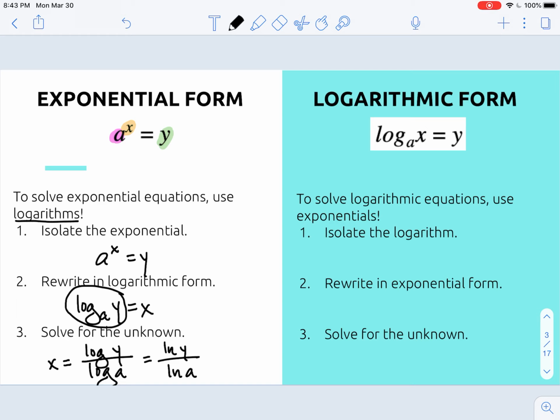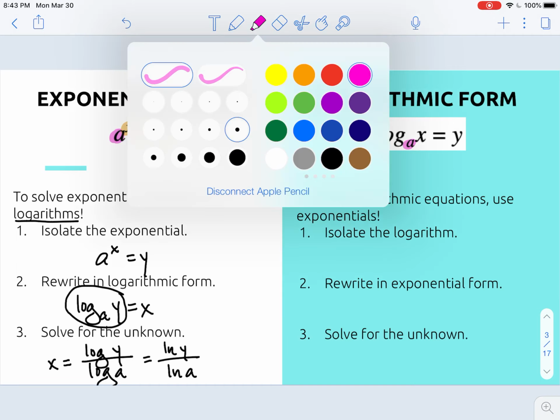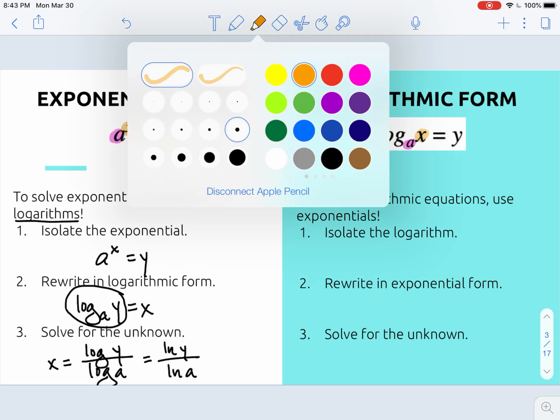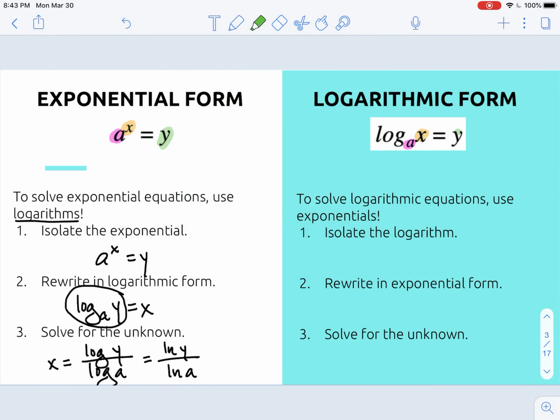Now, if we zip over here to the log form of an equation, we'll notice that we similarly have a base, and this time our unknown is in our log, or it's being logged, and then we'll set it equal to something we know. Now, in order to get the variable out of the log, we need to use exponentials.